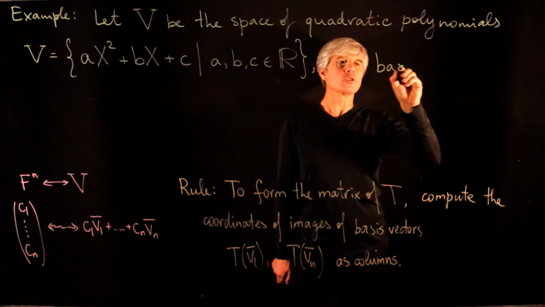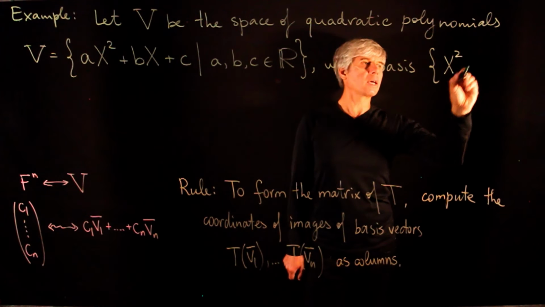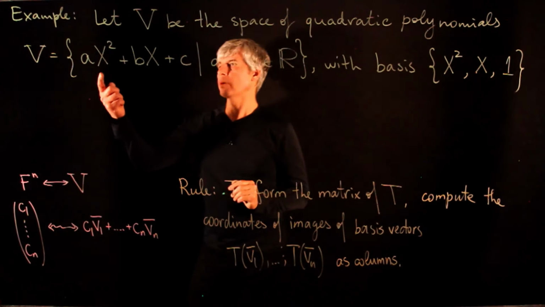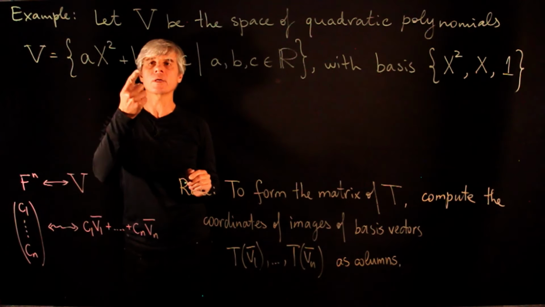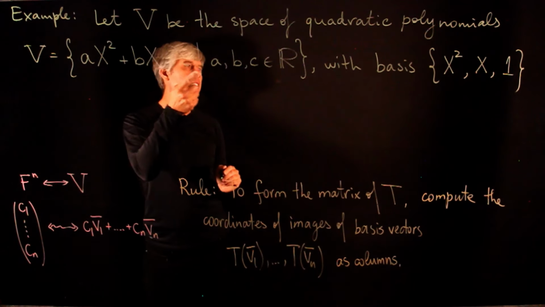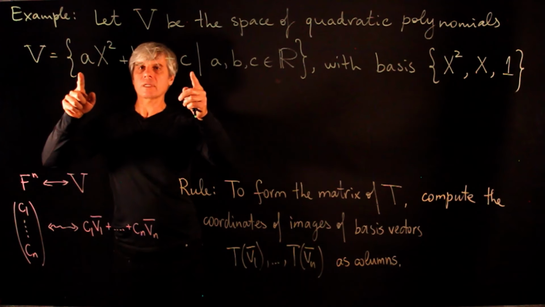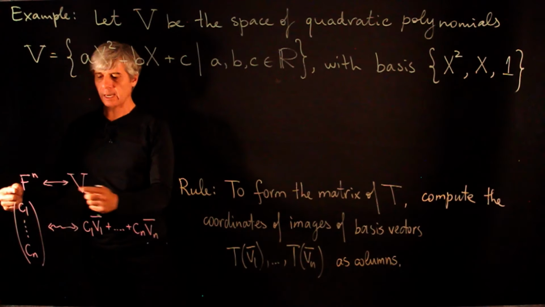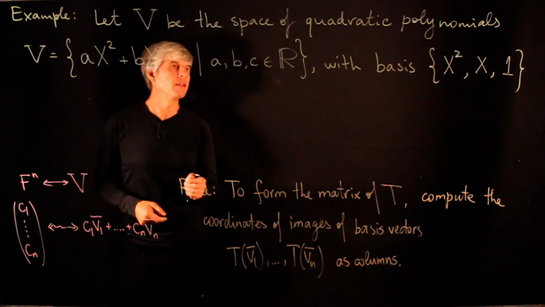Let's choose a basis that consists of x squared, x, and 1. So we view this expression as a linear combination, a times x squared plus b times x plus c times 1. This means that this expression can be thought of via this isomorphism as a column vector ABC.